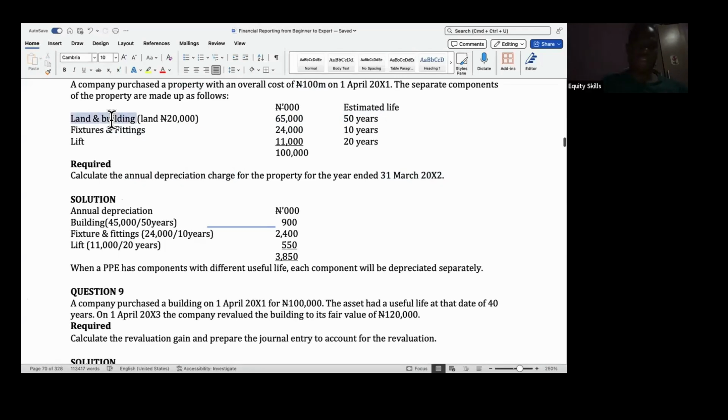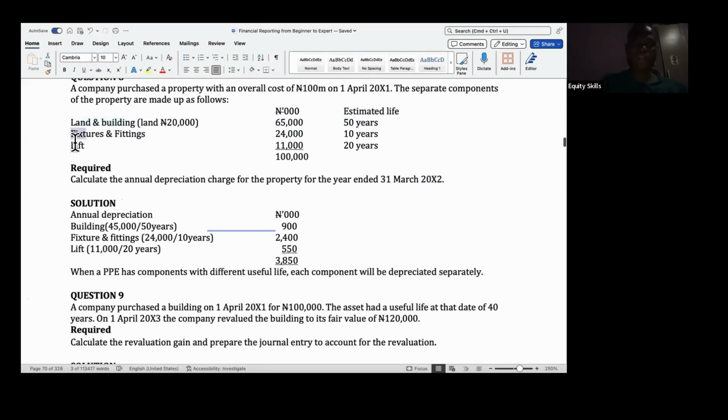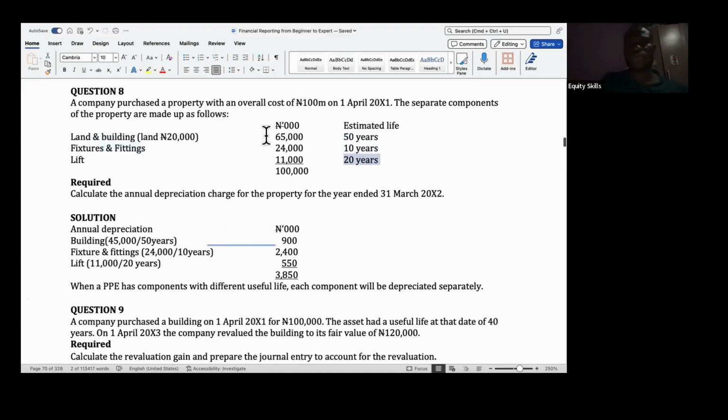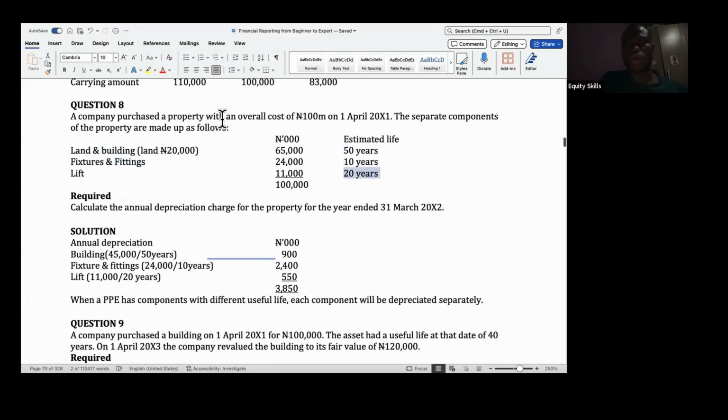Land and building, fixtures and fittings, lift, and each component has its own useful life. This is what we call componentization in IAS 16, where you have an asset that has different components and each component has its own useful life.